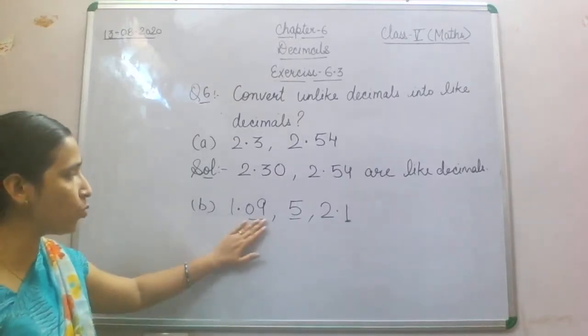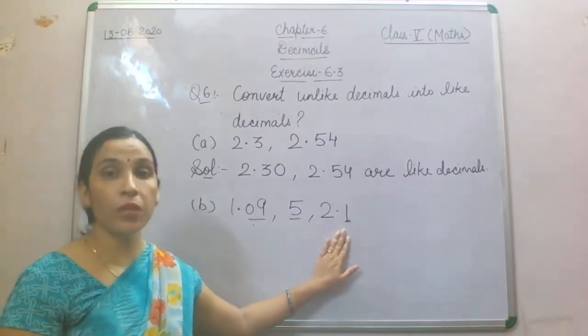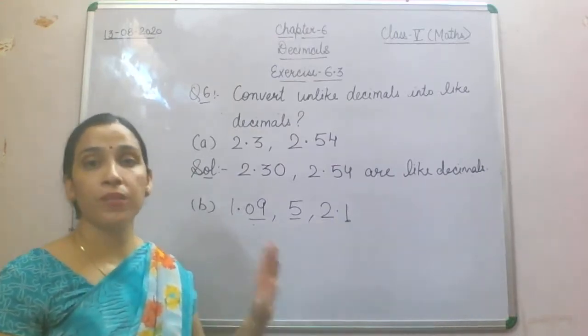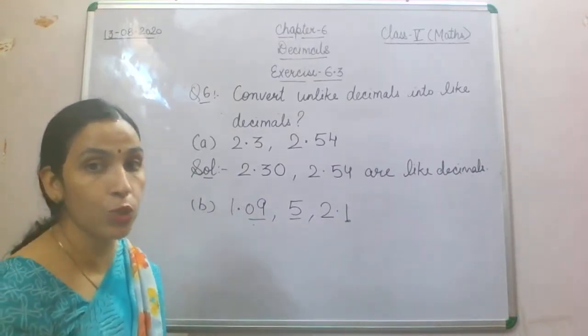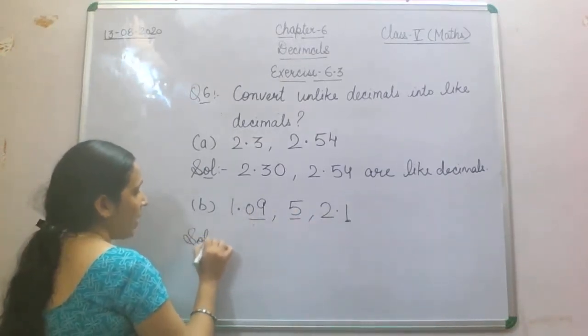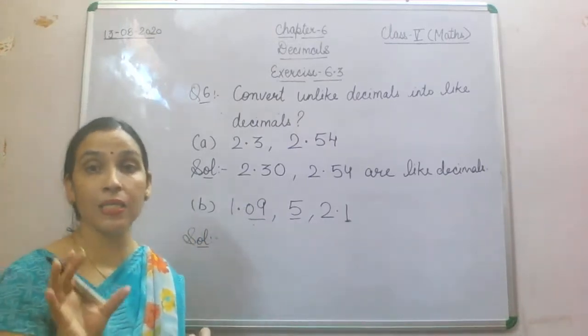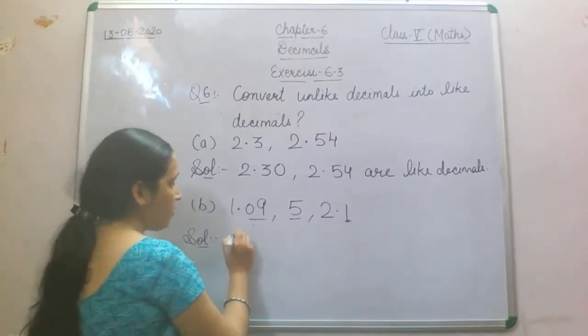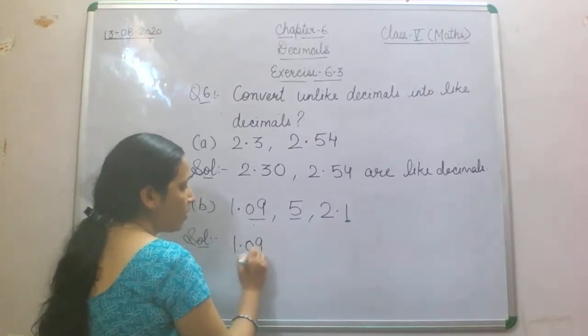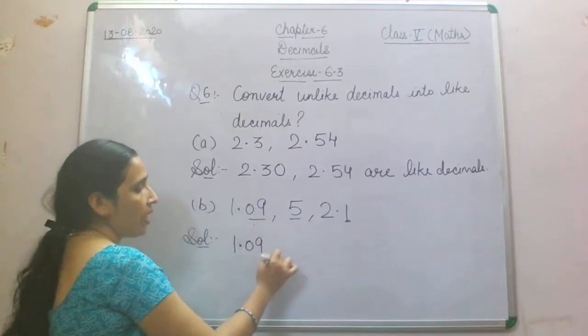Now here we have 2. It means the others have to be converted into 2 decimal places so that this group will become like a decimal pair, or like a decimal group. So 1.09 is already having 2 decimal places, so we are not going to touch this. Now 5 is there.